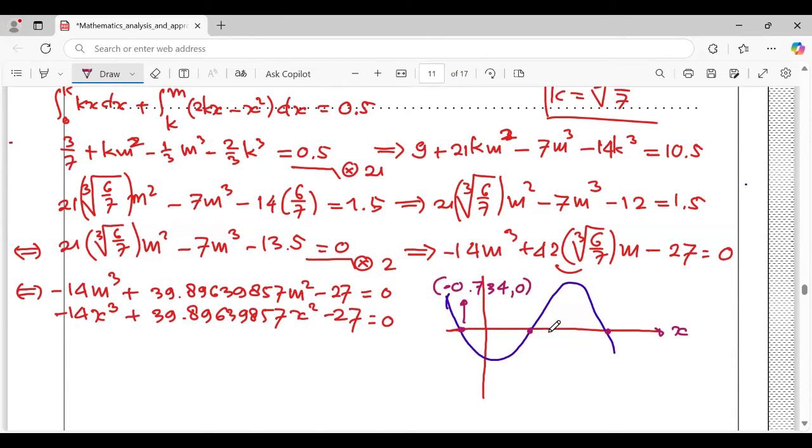The second coordinate point is 1.029, 0. And the third one is 2.554, 0.